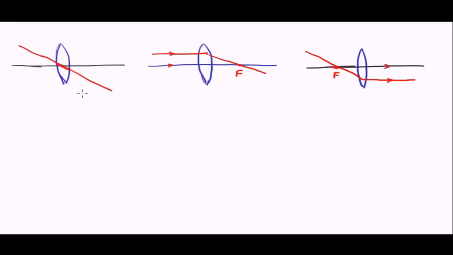So to recap, this is when the ray of light is passing through the optical center. This is when the ray of light is parallel to the principal axis.